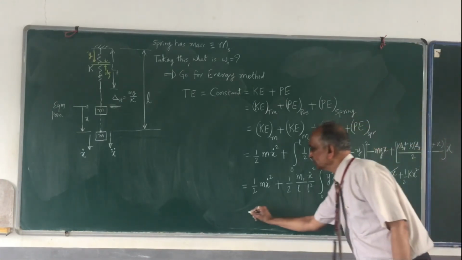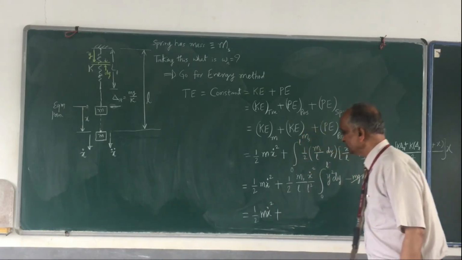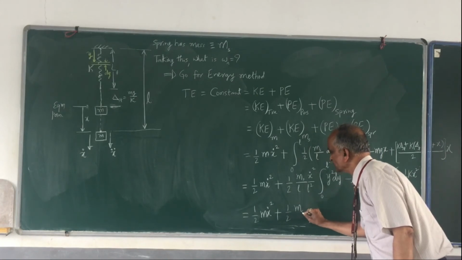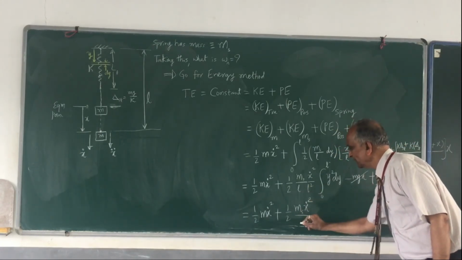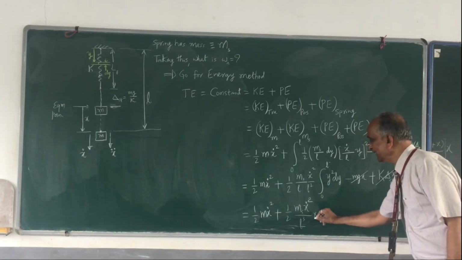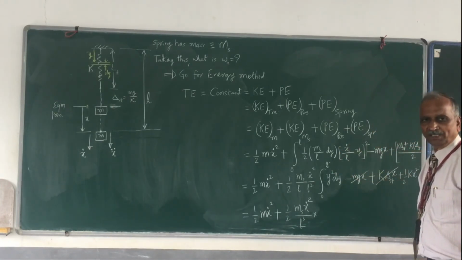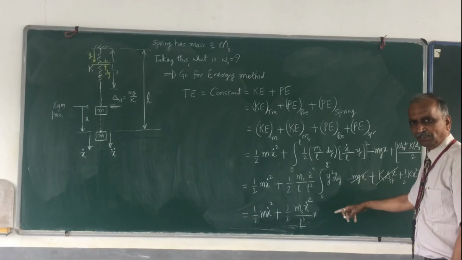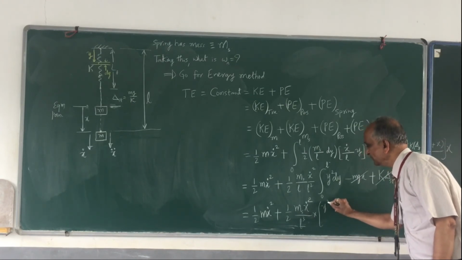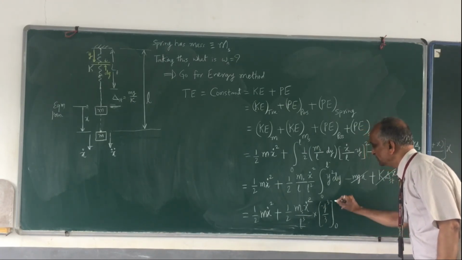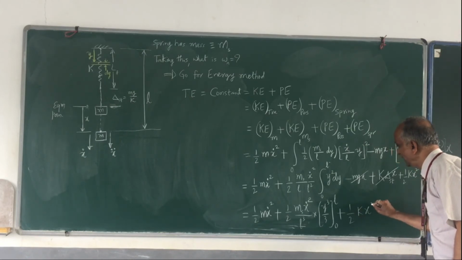Now this is equal to half m x dot square plus half ms x dot square divided by L cube, multiplied by the integral of y square, which is y cube by 3, between the limits 0 and L. I write it in one step: y cube by 3, substitute the limits, plus half k into x square.